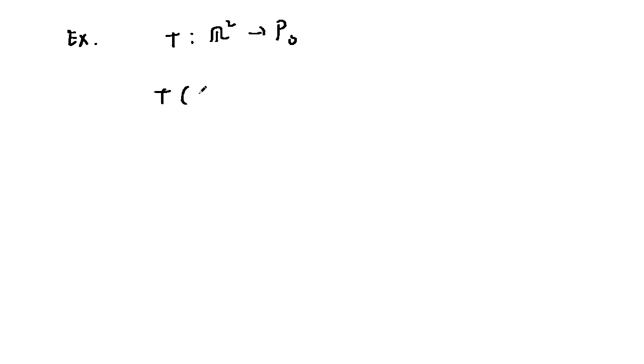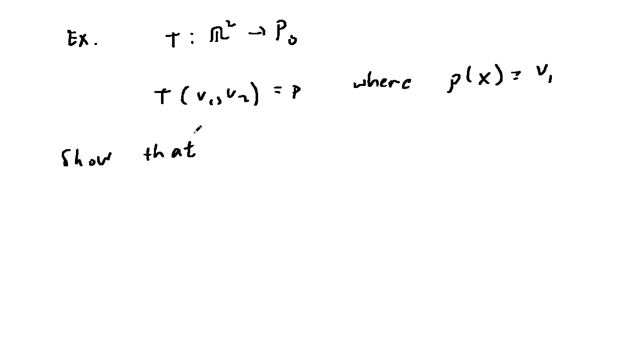Let it be defined by this, where P is the polynomial that just gives v1. So P is a constant polynomial. Show that T is onto but not one-to-one.